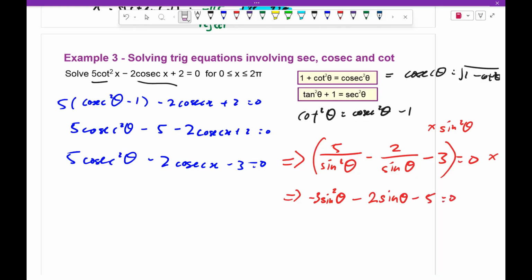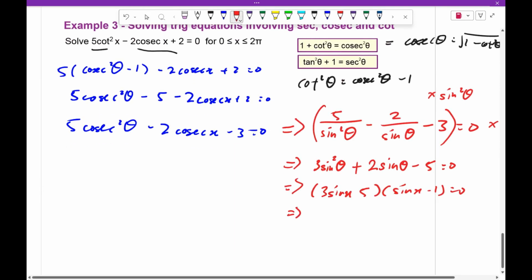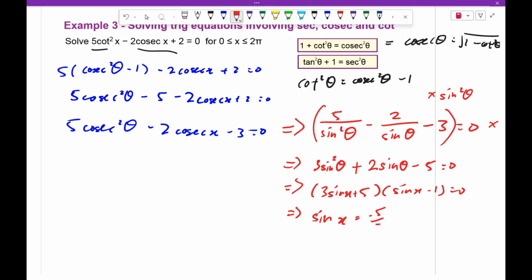If you want, you can also change the sign, so this is positive and this is positive. So that results in this part of the equation. So you can see that sine x, this should be plus. Yep, it should be plus. So sine x equals negative 5 over 3, or sine x equals 1.